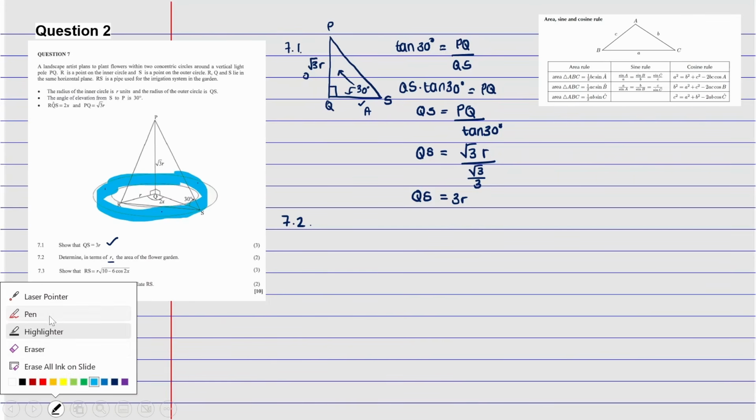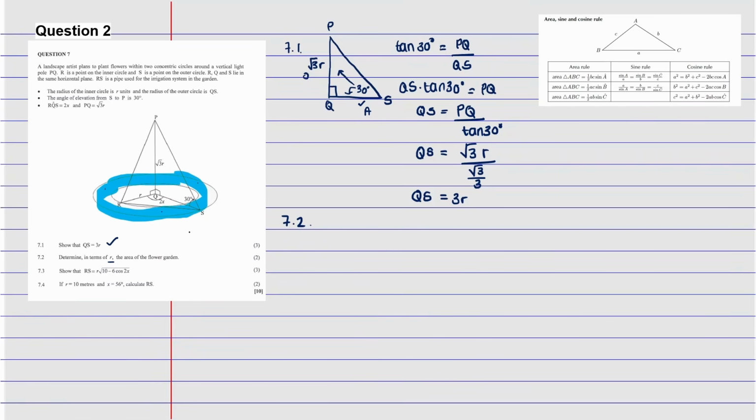So how would you determine that area? The area of the flower garden is going to be the area of the big circle minus the area of the small circle, which makes sense.